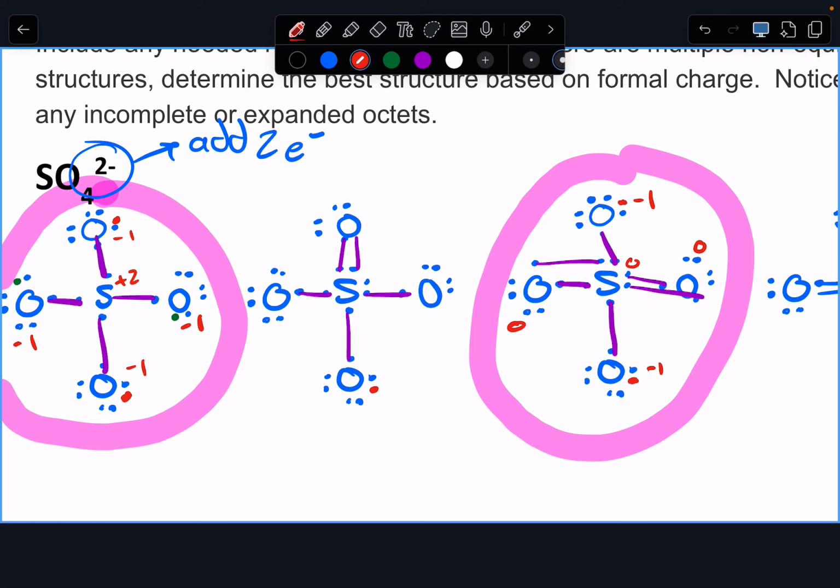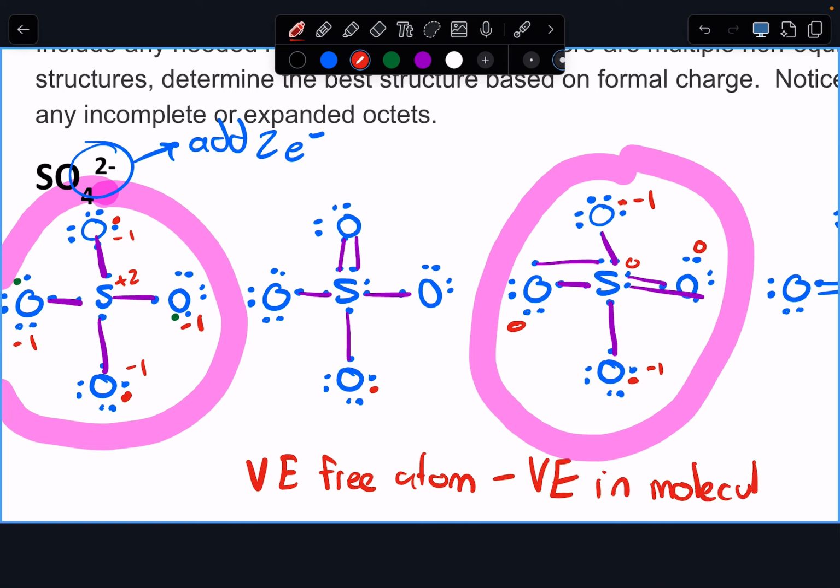So formal charge is valence electrons in the free atom minus valence electrons in the molecule. And when I say valence electrons in the molecule, I mean split up the bonds and give 1 to one atom and 1 to the other.